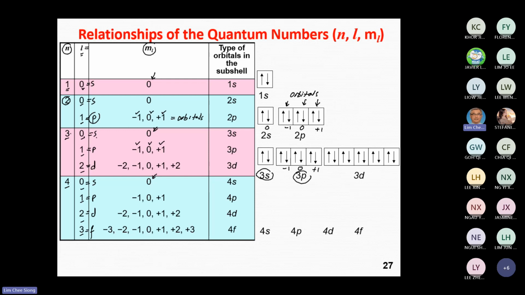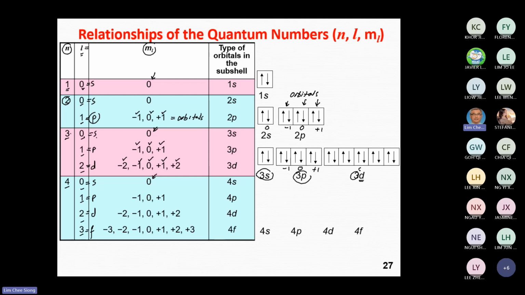However, if we go higher, with the value of l equal to 2, there can be 5 orbitals with ML values 0, -1, +1, -2, +2. How many? Yes, a total of 5 orbitals. It represents 3d with 5.